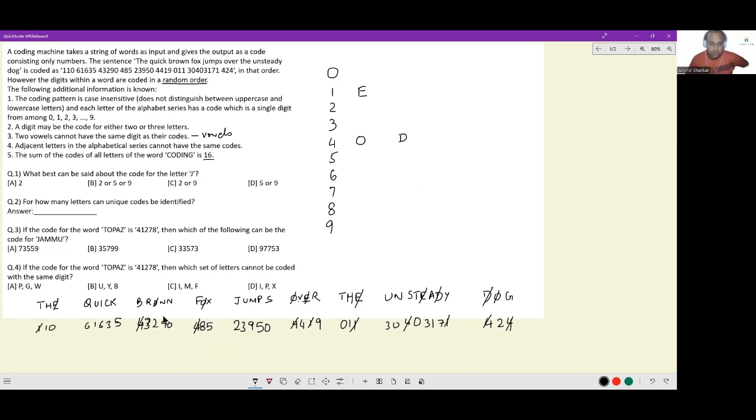Now look at brown and over. The digits left are 4 and 9, and the digits left are 3290. R is the common letter, 9 is the common digit.